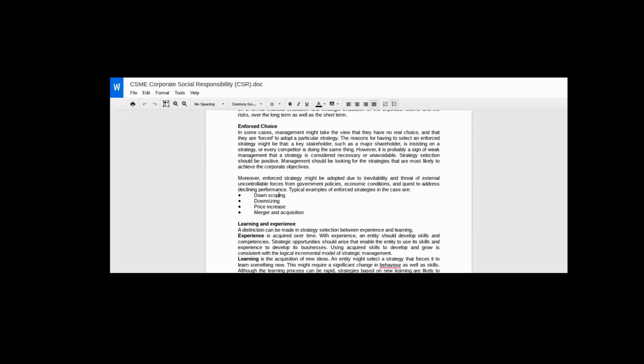Might be as a result of declining sales, declining profitability, loss of customers' patronage, fluctuating demand. So, or that unit or branch or that product they are selling in that regional sales outlet is not attracting any customers' patronage again. We can down scope, close the outlet totally.